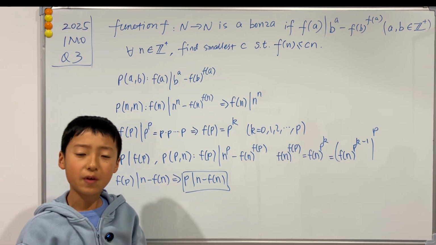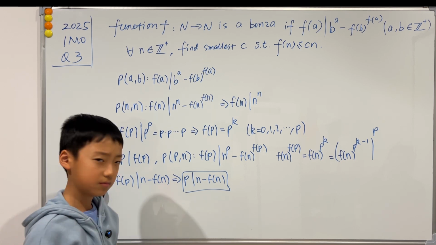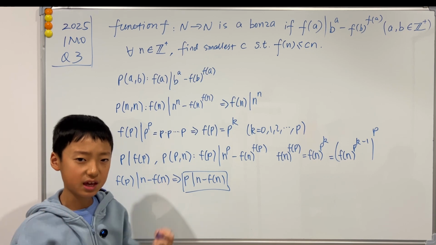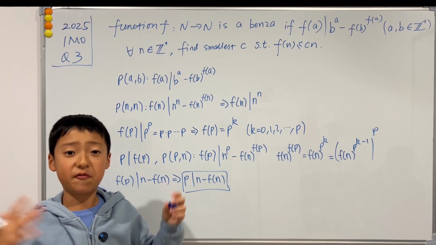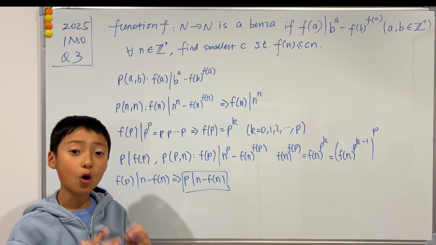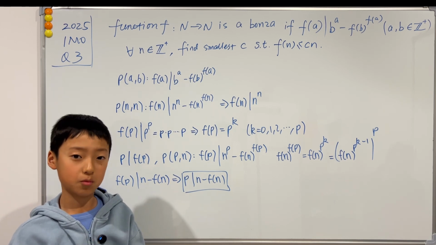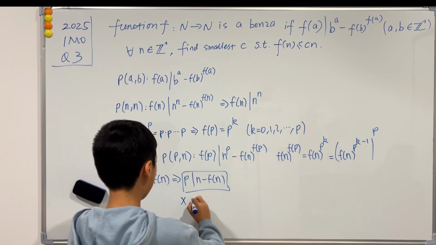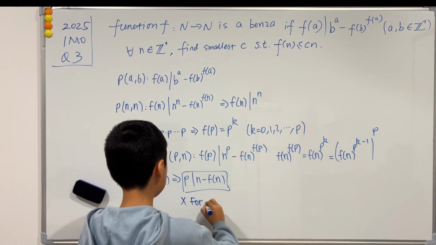So there are only finitely many values for n. So how can an infinite set of primes divide into a fixed number? Well, it can't. But it only can't for large primes. So this is wrong for large primes.